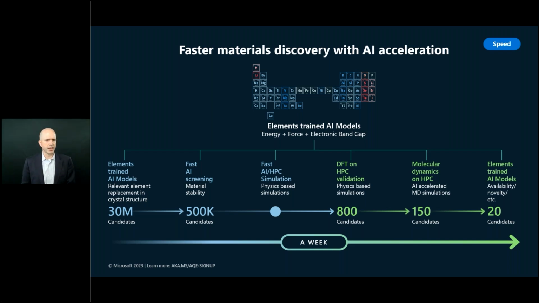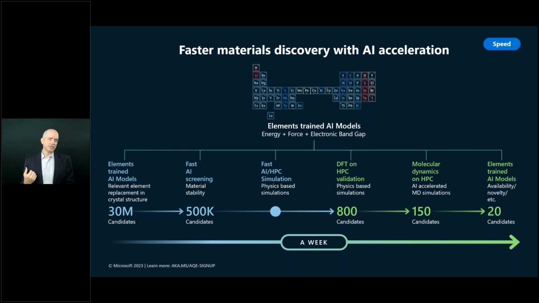Now, we don't rely only on artificial intelligence for these approaches. We use artificial intelligence to broaden the funnel. So instead of looking at 1,000 candidates in a week, we're able to look at 30 million candidates in a week. And we use artificial intelligence to help winnow that huge search space down to the most promising candidates. Let's say in this example, it's 800. We then take those 800 candidates and we run the traditional density functional approaches afterwards.